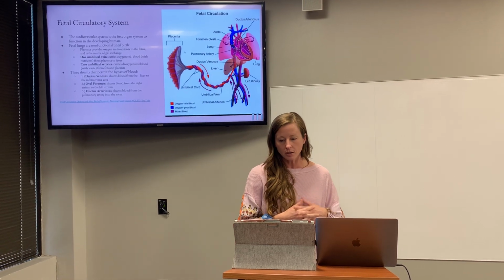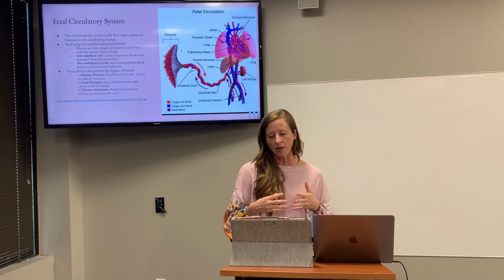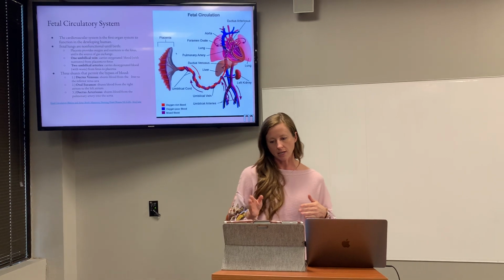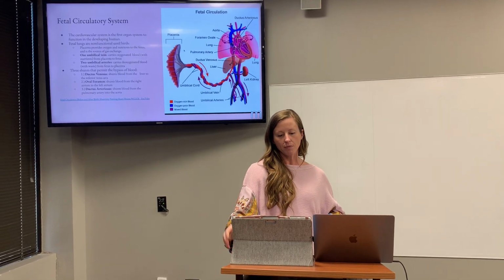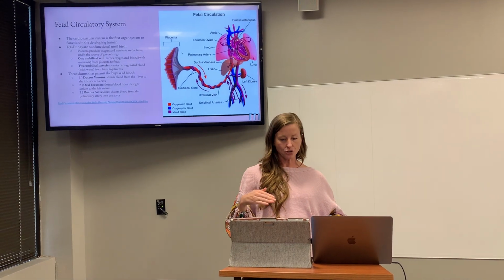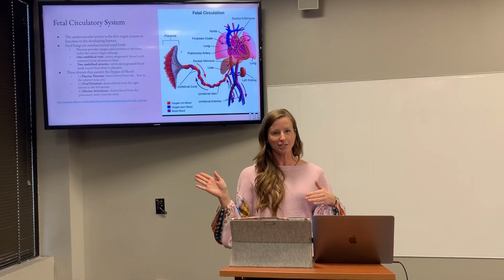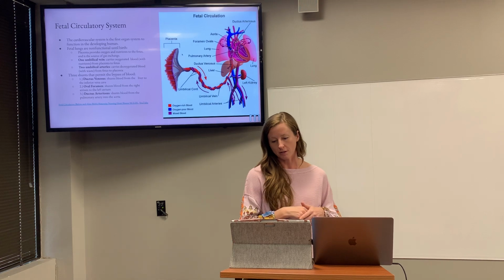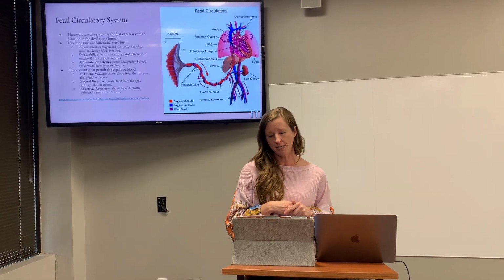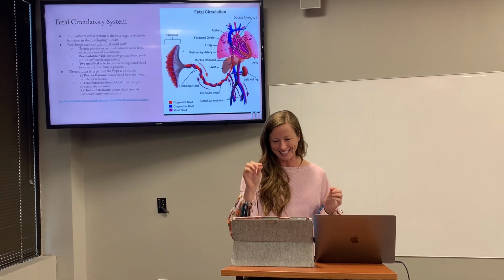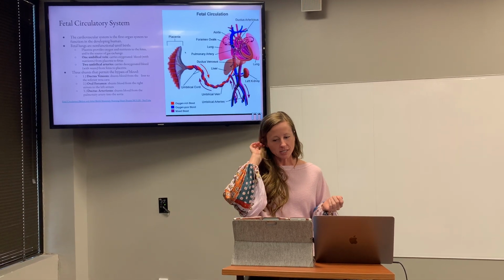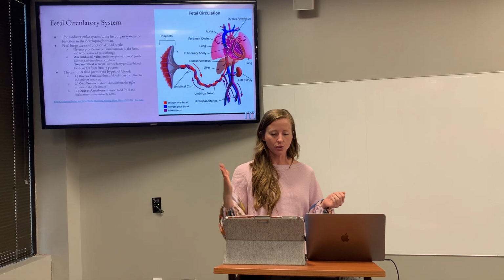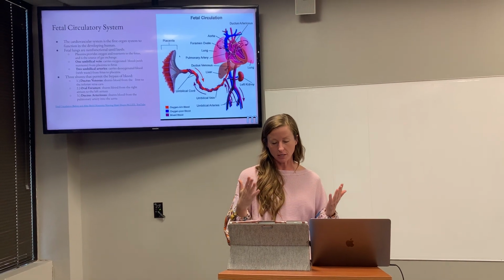When it goes to the liver, it will use some of that blood, but then it will be shunted via the ductus venosus to the inferior vena cava. From there, the blood flows into the right atrium, and then it's shunted to the left atrium via the foramen ovale, which connects the right atrium and the left atrium. It goes down to the left ventricle, then through the aorta to replenish the fetus's body.